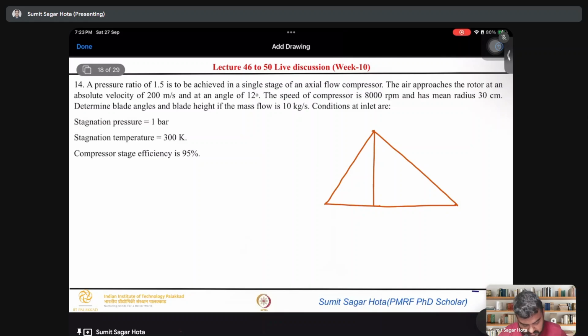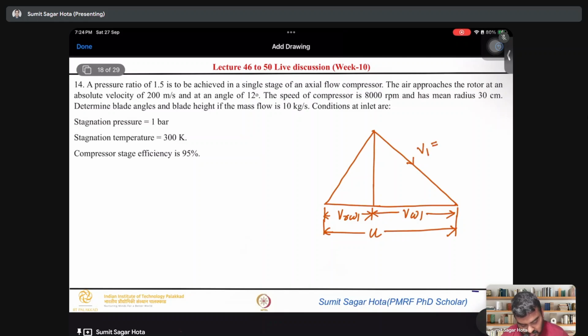Okay. So this is your VRW1. This is your VW1. Totally U. This is your V1.